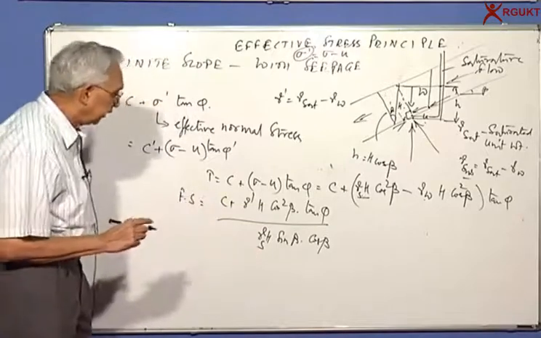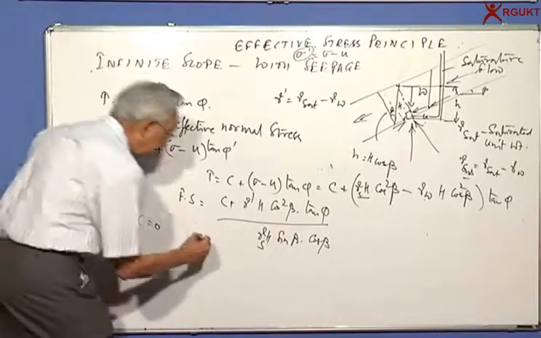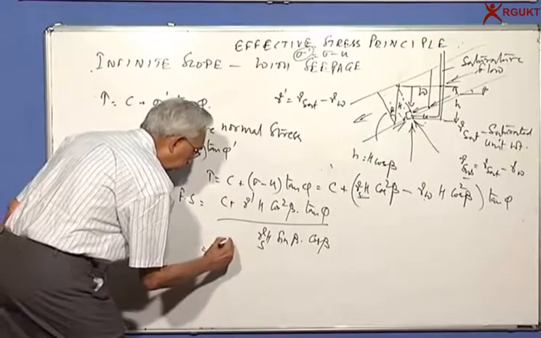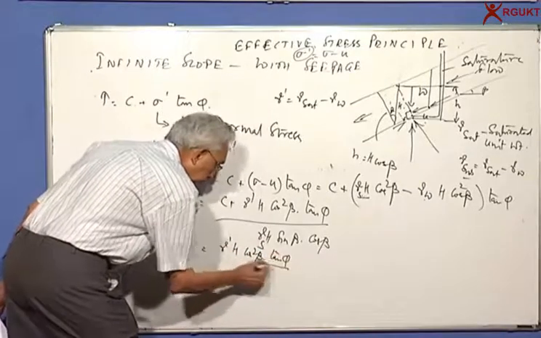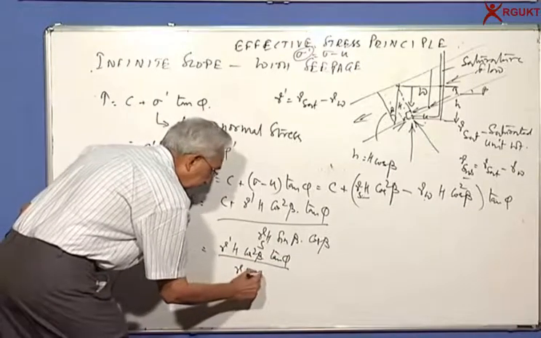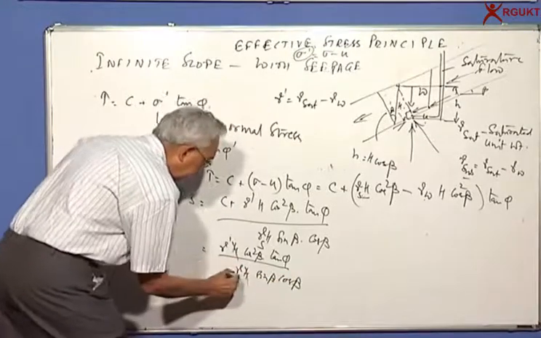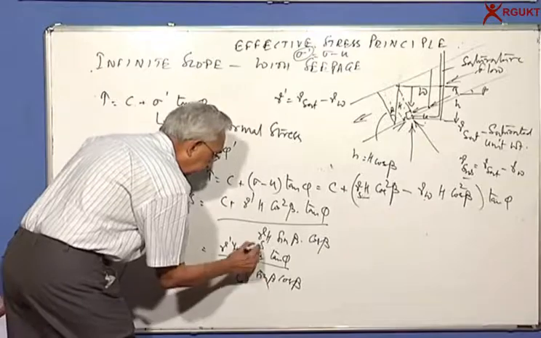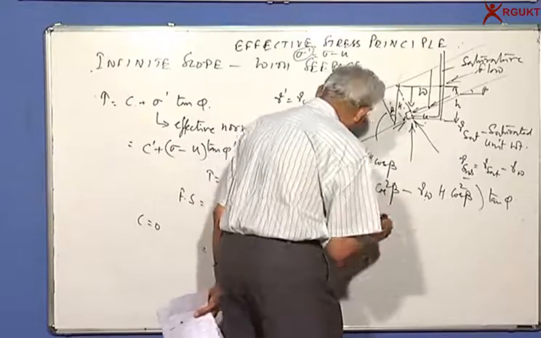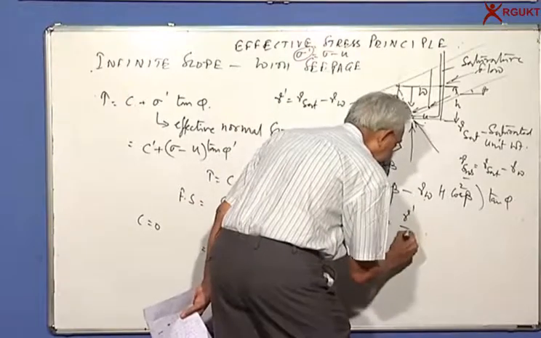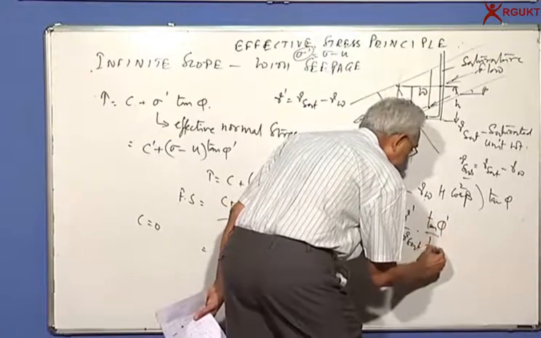So now if I simplify this, for C equal to 0, we will get gamma prime h cos square beta tan phi by gamma saturated h sin beta cos beta. Cos beta cancels. So you will write this factor of safety is equal to gamma prime by gamma saturated into tan phi prime by tan beta.